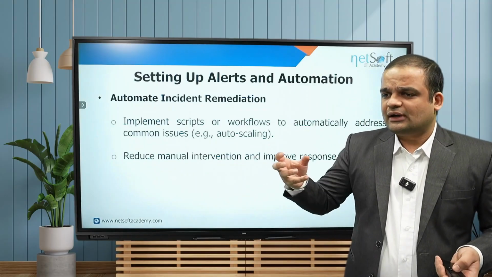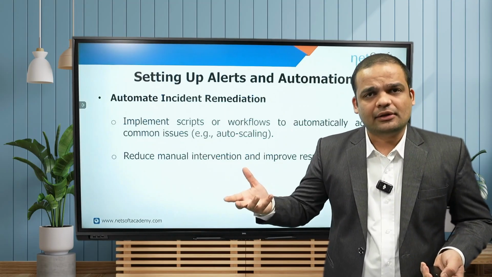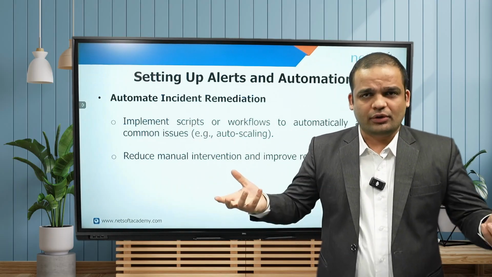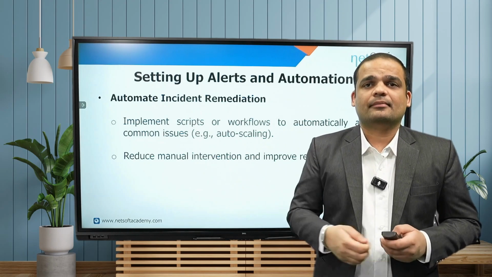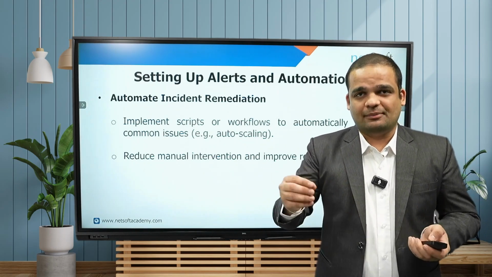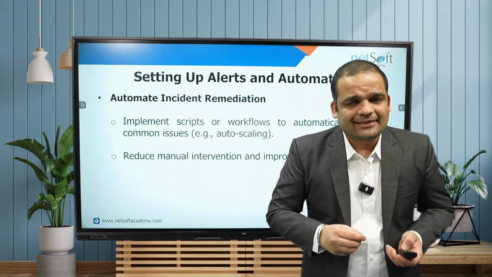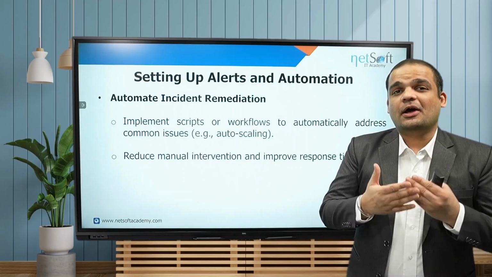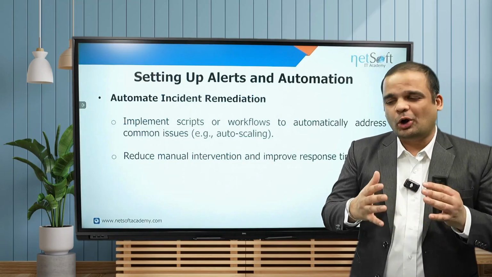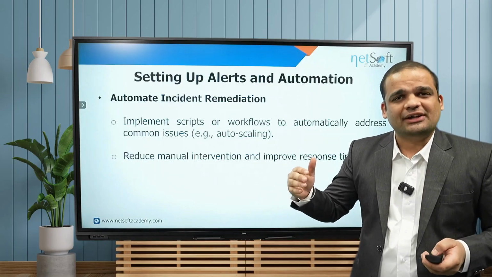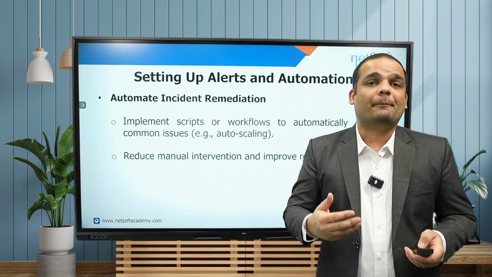Or if the container is corrupted, heal it, means create a new container on a different, let's say, node or server without requiring manual intervention. That is the most important part. Automation reduces downtime, it also improves response time, and it frees up teams or your department so that they can focus on the more complex tasks.